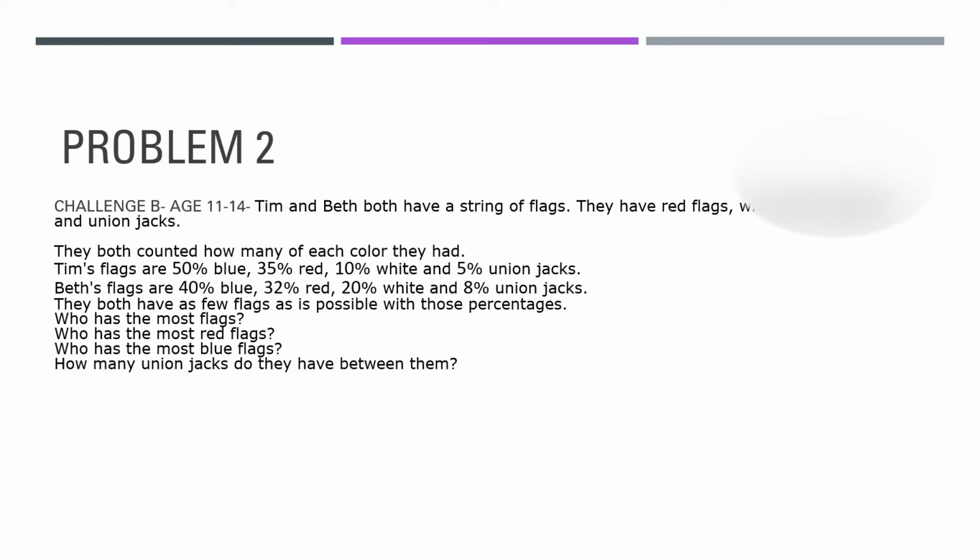So let's convert Tim's flags into fractions first. So 50% is blue, so half is blue. 35% is red, so 7/20 is red. 10% is white, so that is 1/10 white.